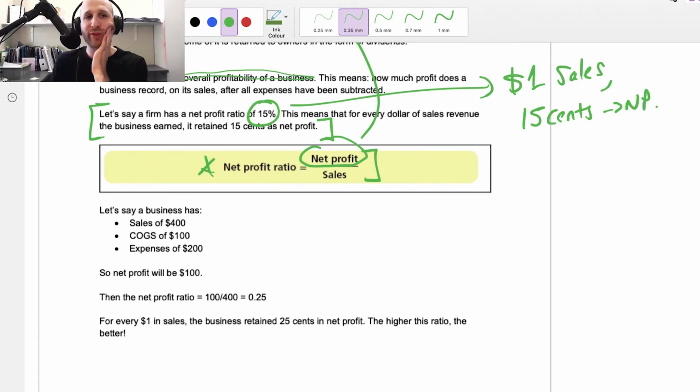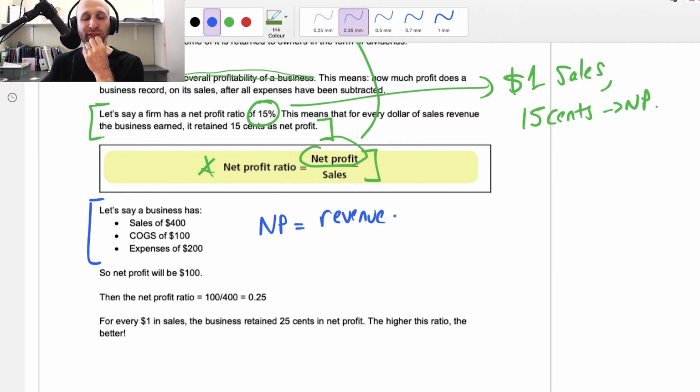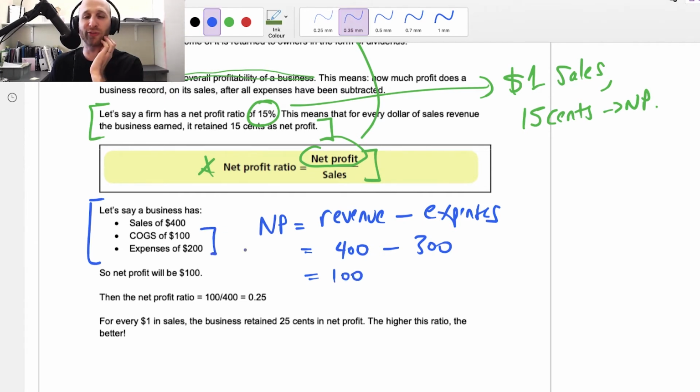If we try an example here, if a business has $400 of sales, COGS of 100 and expenses of 200, then net profit would equal revenue or sales minus expenses. Here, 400 minus 300 would equal 100, because both of those fall into the expenses.